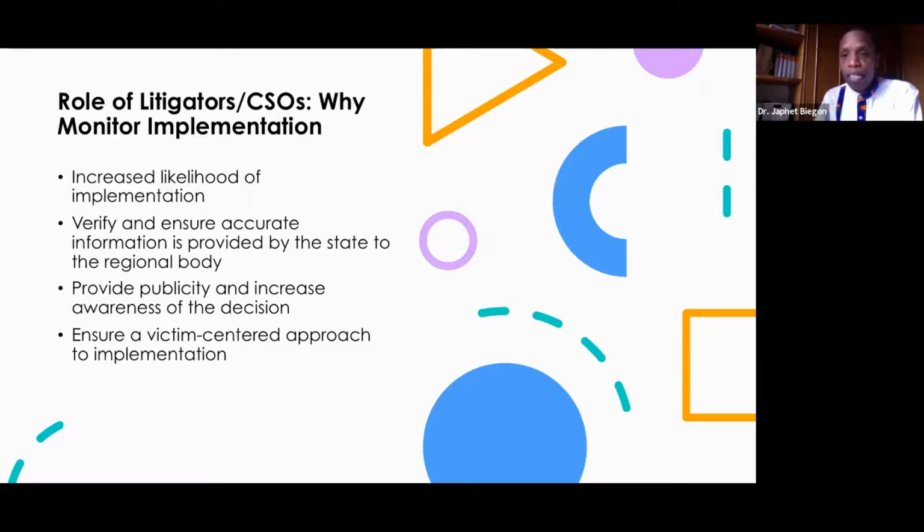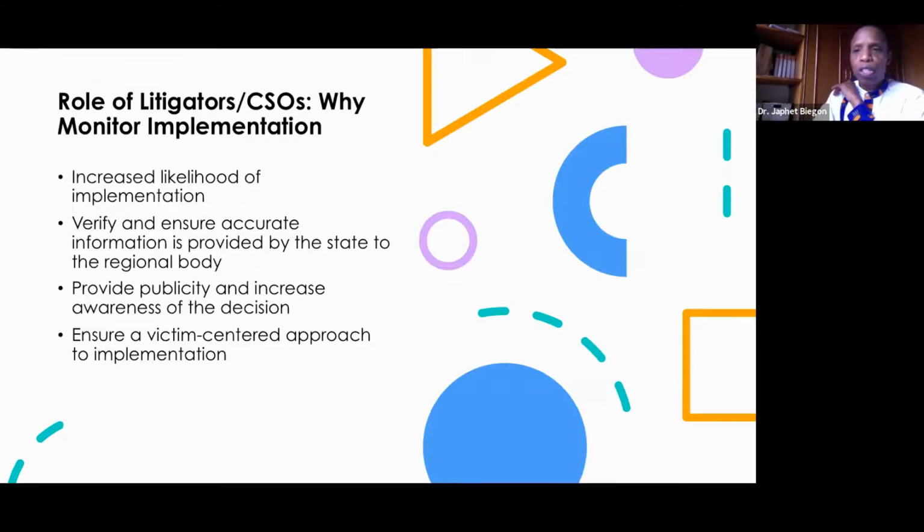It's easy that the victim can be forgotten by the state. Like I've said, in the task forces established in Kenya, victims have not been given representation or even allowed to participate as actively as they should. So when litigators and CSOs engage, you can push and advocate for a more victim-centered approach to implementation.